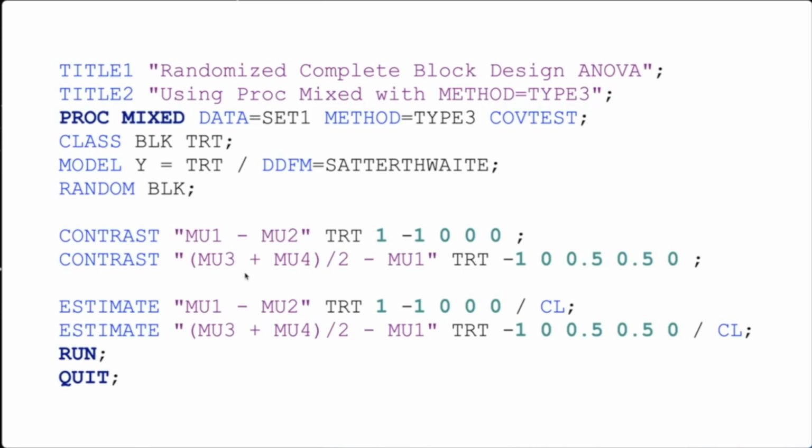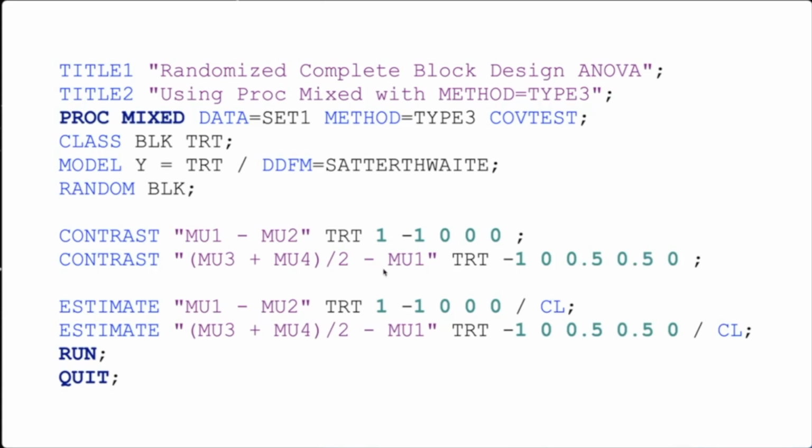To perform the hypothesis test where the null hypothesis says that the arithmetic average of treatment means 3 and 4 is equal to the mean of treatment 1, or equivalently, that the difference between those quantities is equal to 0, we would use these contrast coefficients.